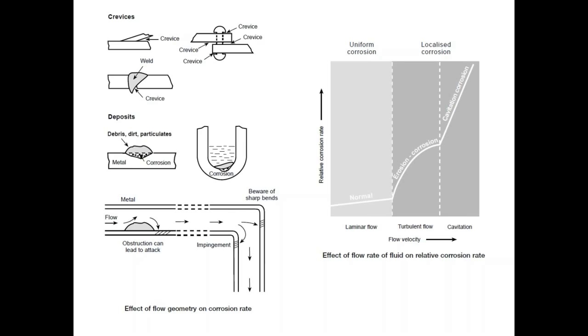In fact, flow velocity is correlated with corrosion rate. So as you can see here, the more cavitation, the more turbulent flow you have, the higher the corrosion rate. In fact, erosion corrosion simply means that you have turbulent flow, but you can also have particulate material that is part of your fluid corrodant.